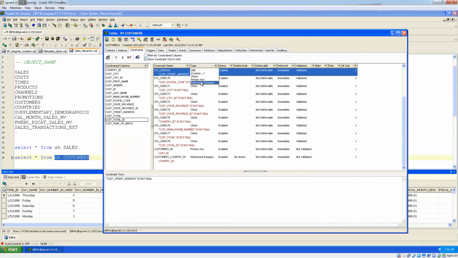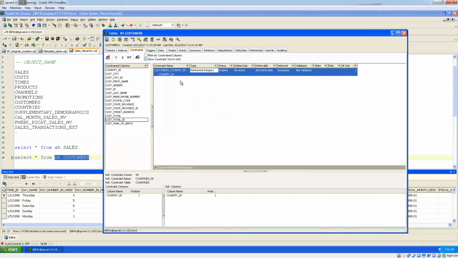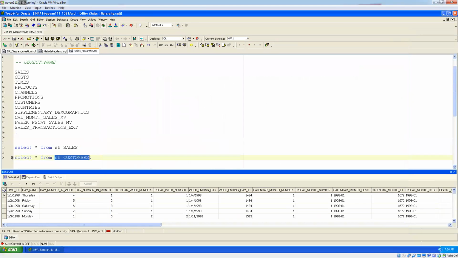Whenever we see anything under referential integrity, it's a foreign key. So country ID is the foreign key, which is referring to the primary key of the countries table.